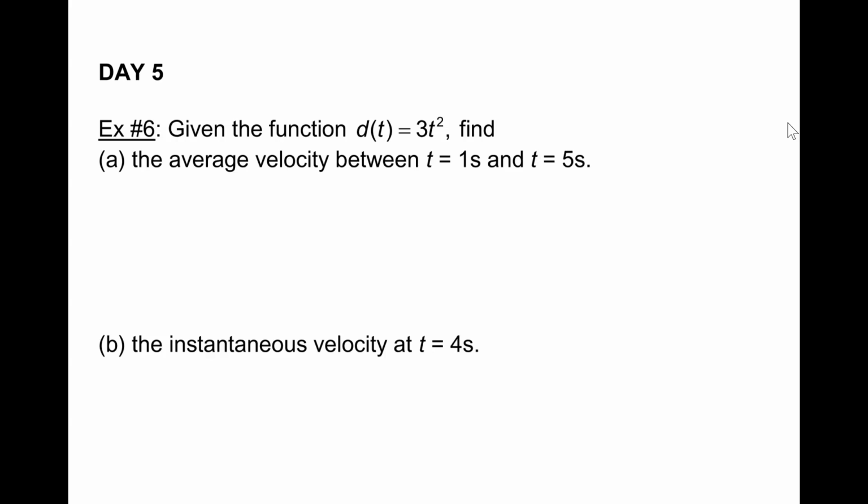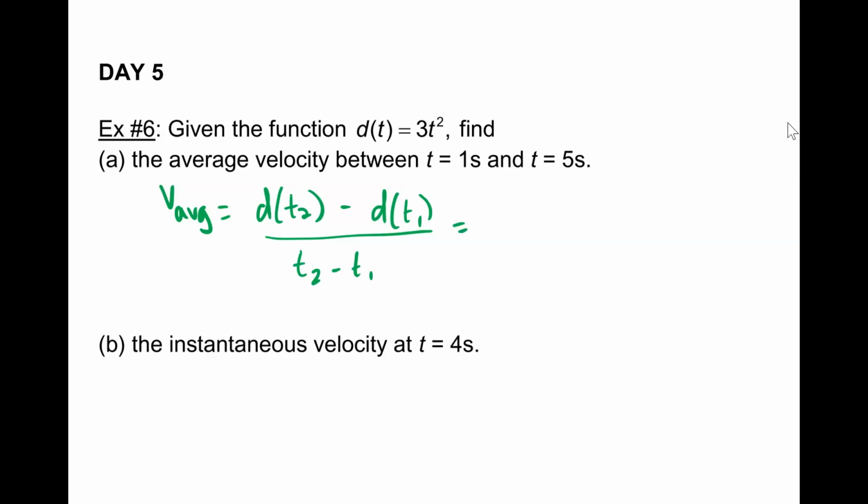So V average is just going to be S of T2 minus, I'm sorry, this is D, because the function is in terms of D, D of T1 over T2 minus T1. Okay, so let's go ahead and plug in. So this is going to be D of 5 minus D of 1 over 5 minus 1.